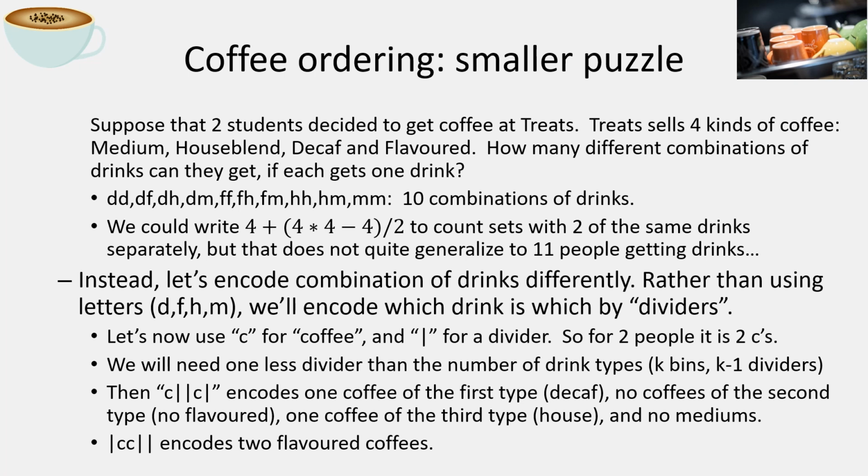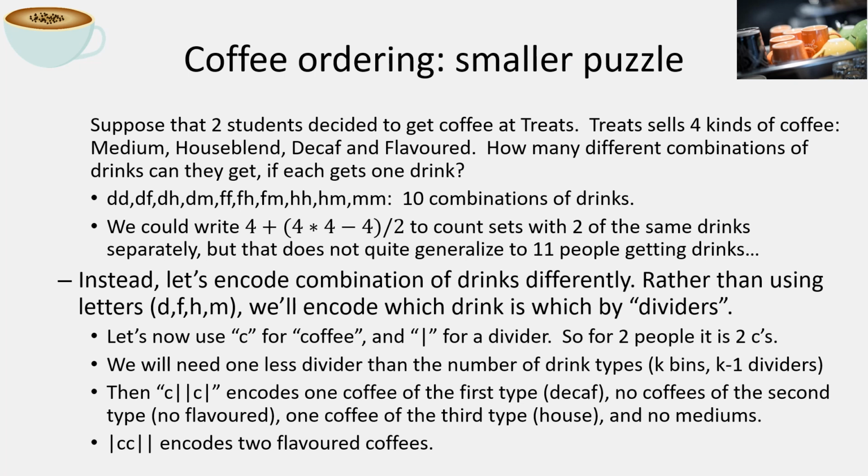So note that here, if we have k categories, we need k minus 1 dividers. If you need to put a separator between k things, you only need k minus 1 separators, because the 2 things on the ends don't need the outer wall, you know which one is where.